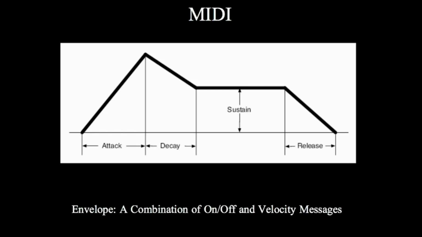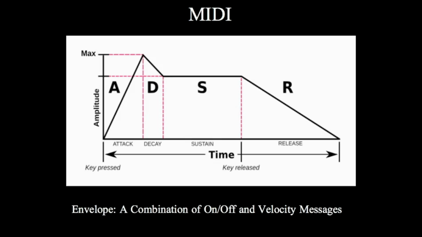Now, this can be correlated to these three messages: on, speed of how fast the key went down, and off. So on, velocity, and off. And that can be mapped onto the envelope of the sound.